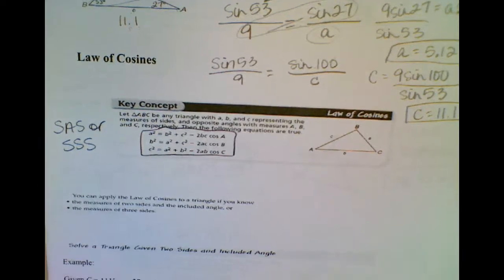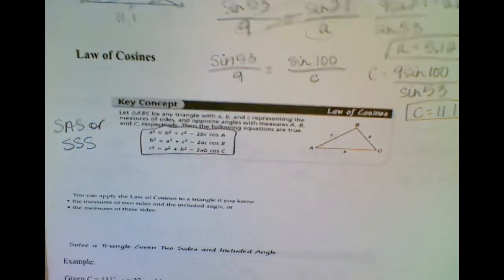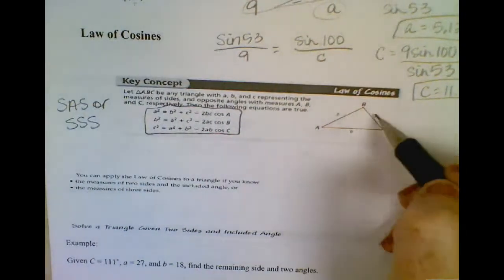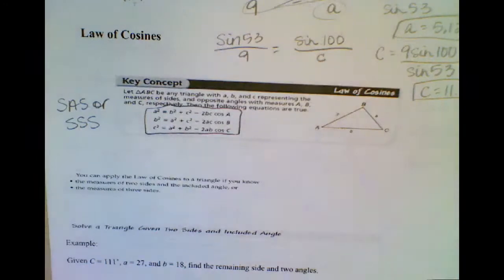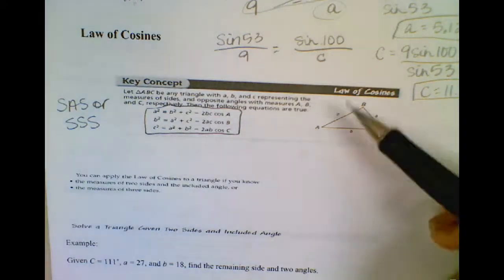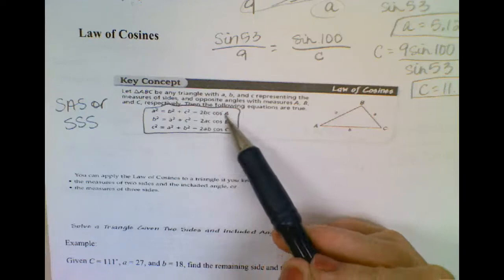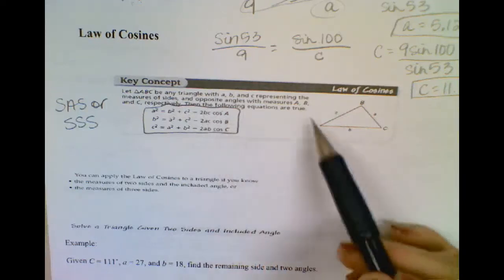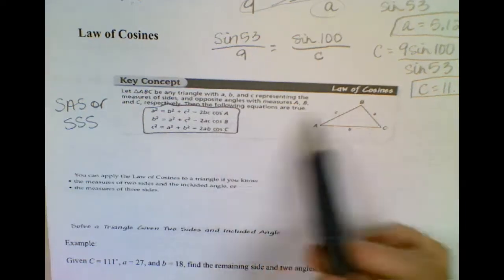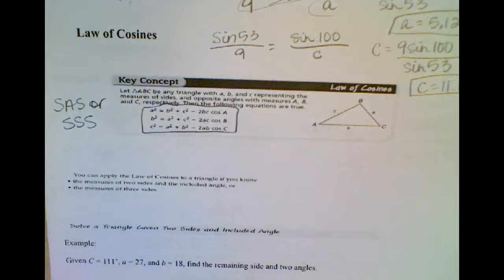So, for example, if you were given all 3 sides of this triangle, you have no angles given, then you would use law of cosines. There's enough information in these 3 formulas in order to do that, because the cosine of that angle is what you would use in order to find that angle. Okay? So let's go ahead and do a practice one and see what we've got.